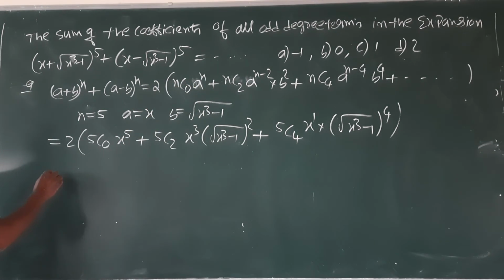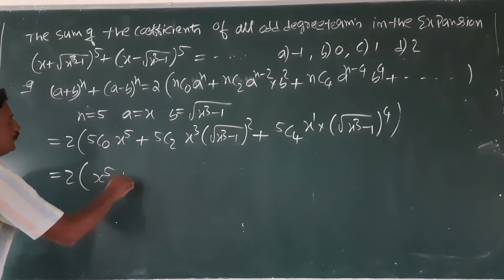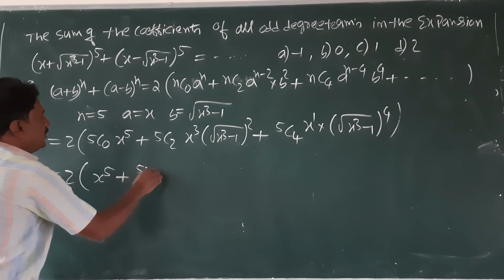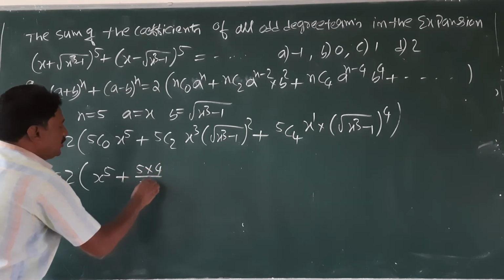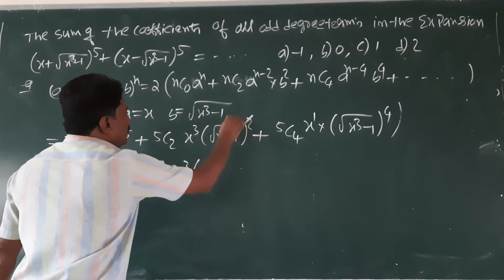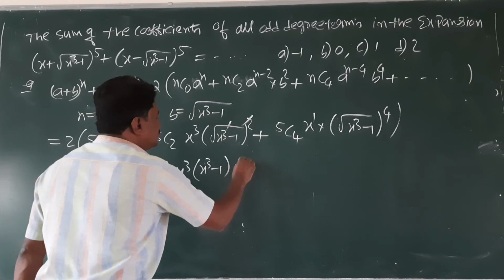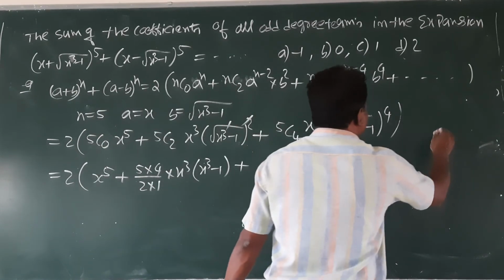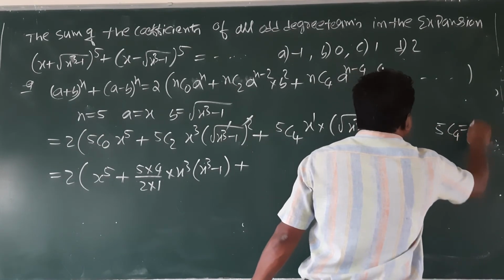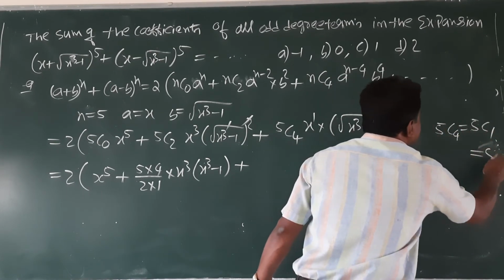So write 2 times 5C0 which is 1 times x power 5, plus 5C2 which is 5 into 4 by 2 factorial, that is 10, into x cube into x cube minus 1, the square root gets canceled, plus 5C4, which is 5C 5 minus 4, 5C1, which is 5.